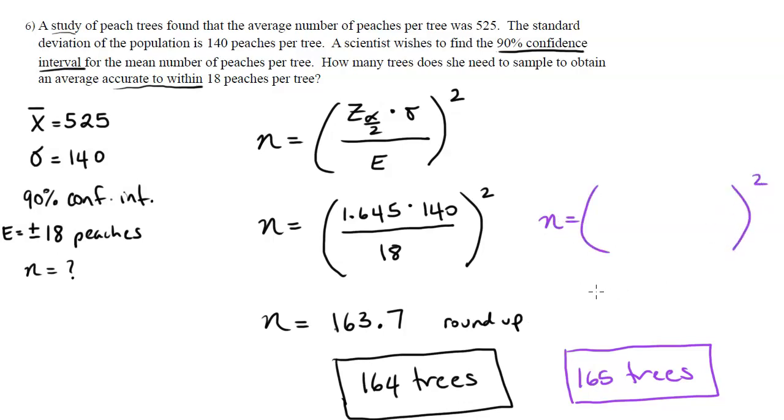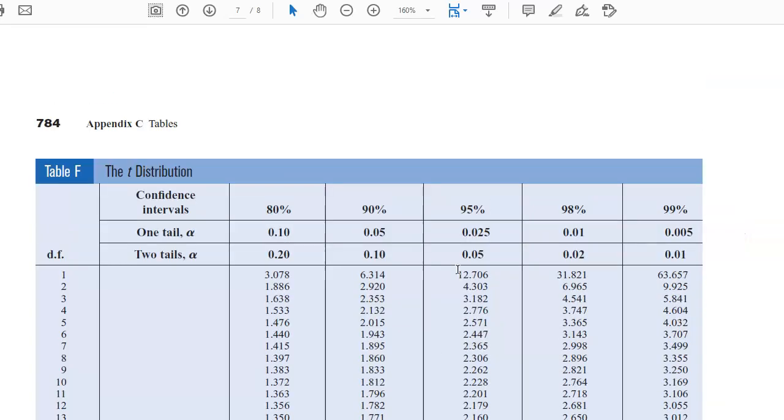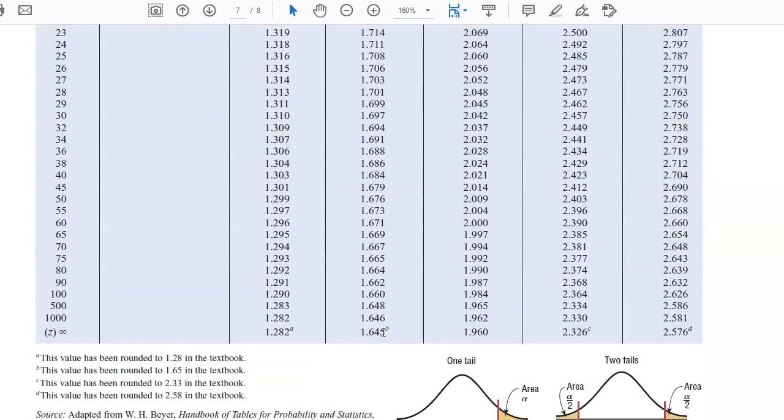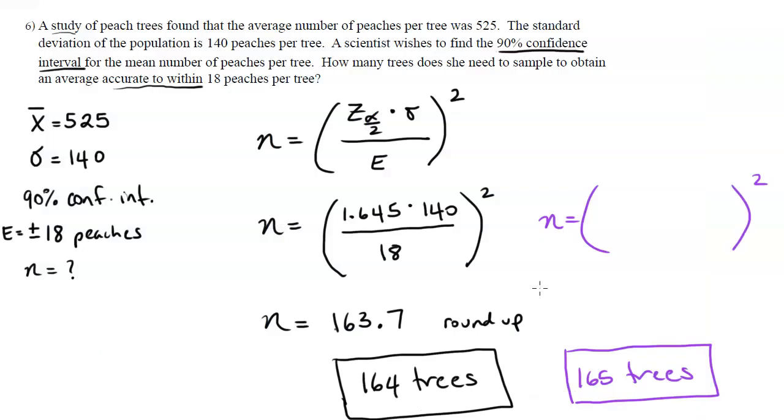When using the formula, if I go back to the formula sheet, exactly right here, the confidence intervals. Remember 90% was 1.645. Well, what happened is, to create the solution, instead of using 1.645, they rounded to the 100th place.